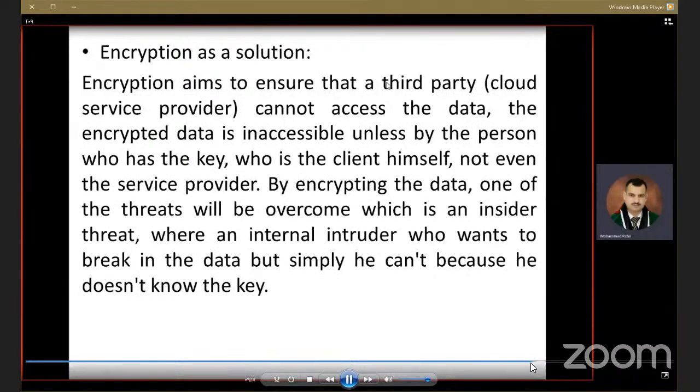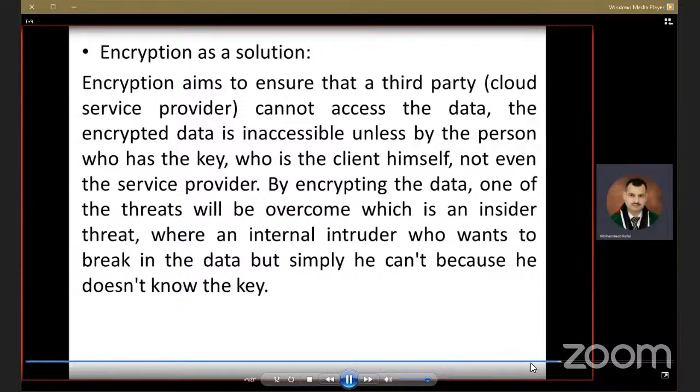Encryption as a solution. Encryption aims to ensure that a third-party cloud service provider cannot access the data. The encrypted data is inaccessible except by the person who has the key, who is the client himself, not even the service provider.